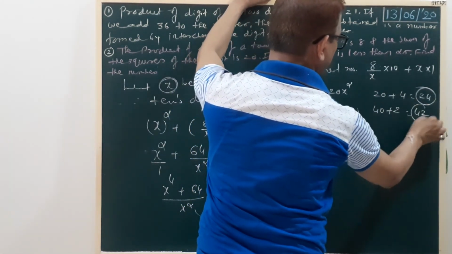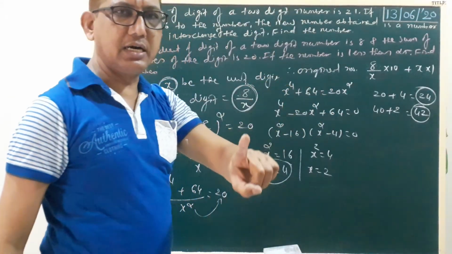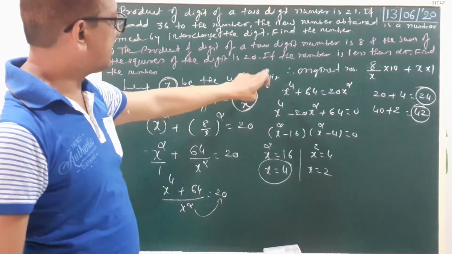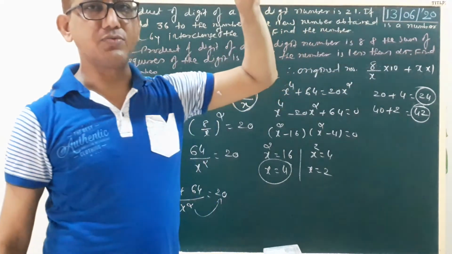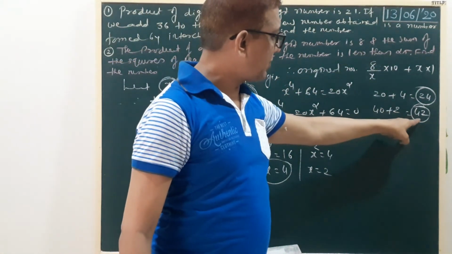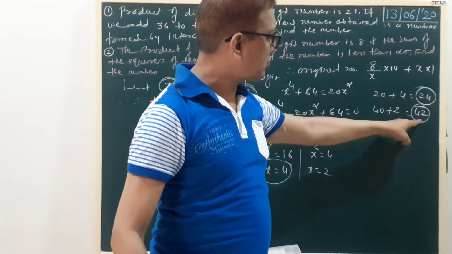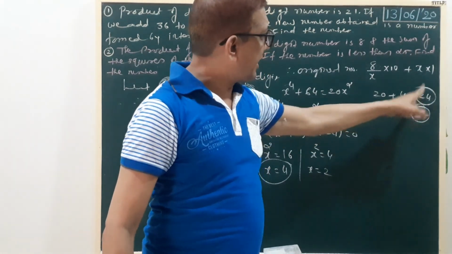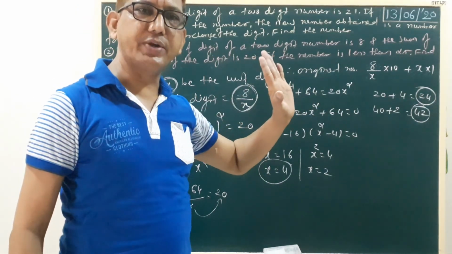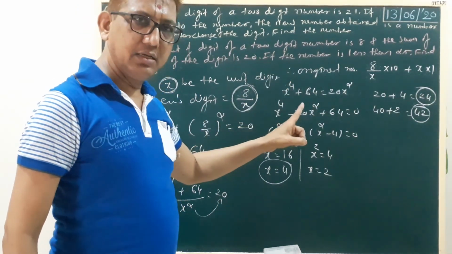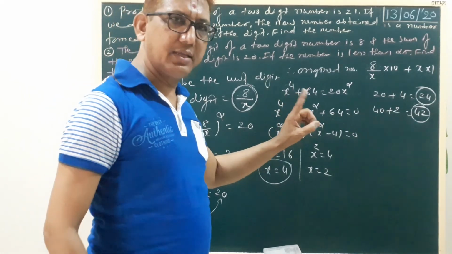So 42. Both are correct answers. But read your last sentence: the number is less than 25. So the number 42 is greater than 25, so this one is not possible. So our final answer is 24. Clear? Okay, did you understand? Okay, thank you very much.